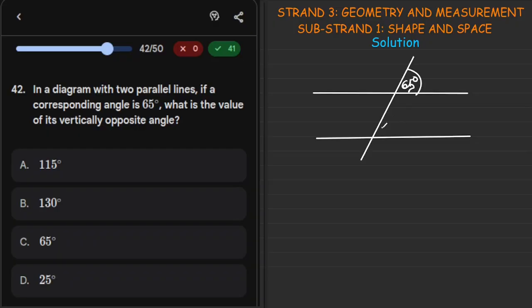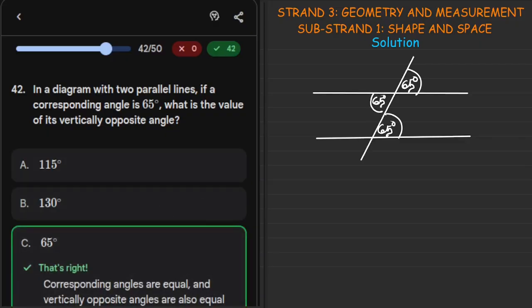And if it is corresponding, then this one is also 65 degrees. The angle that is vertically opposite to this will be what we have over here. We know that vertically opposite angles are equal. So if this is 65, its vertically opposite is going to be here, and it's also going to be 65. Hence, we have 65 degrees.